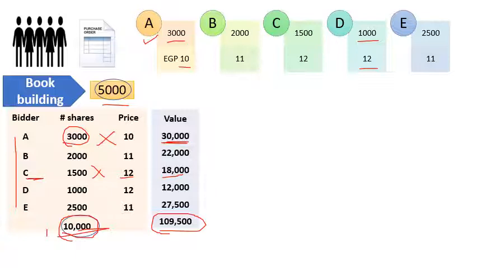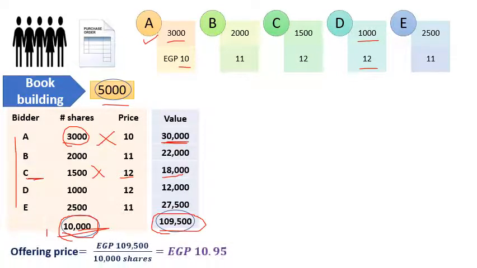In the book building method, the final stock price will be calculated by dividing the total value of orders requested divided by the total number of shares requested. So we will divide 109,500 Egyptian pounds divided by 10,000 shares, which is the total number of shares requested.